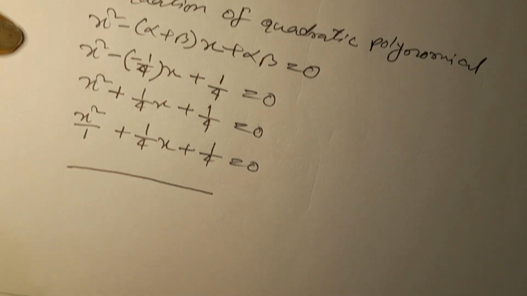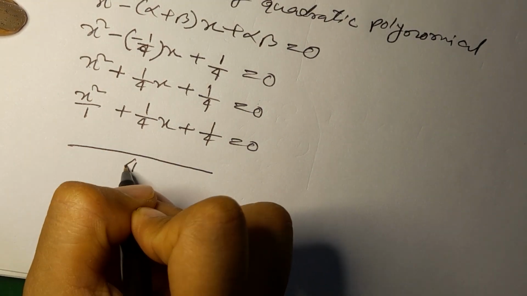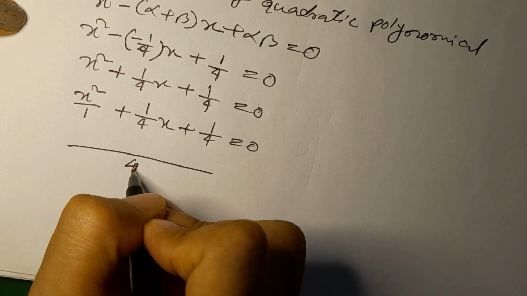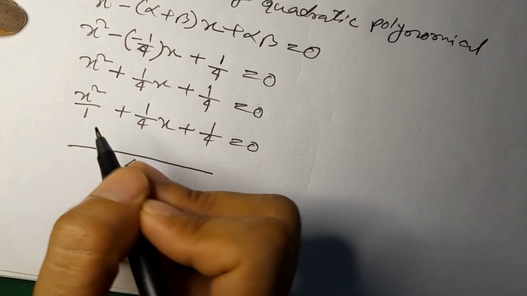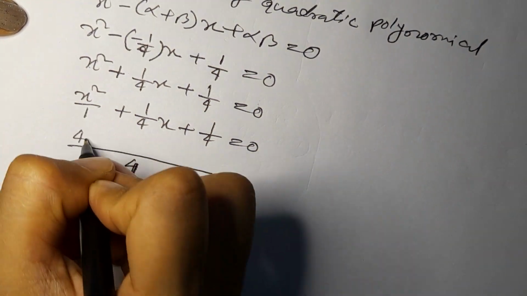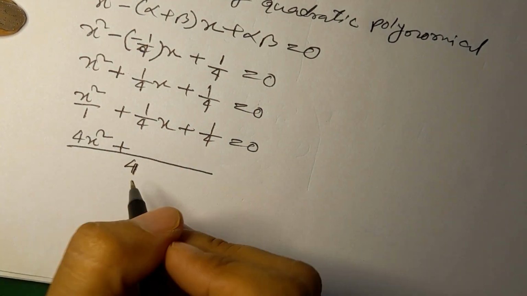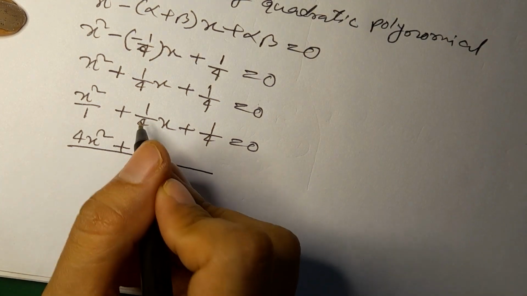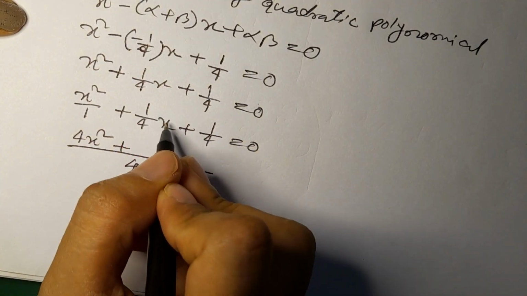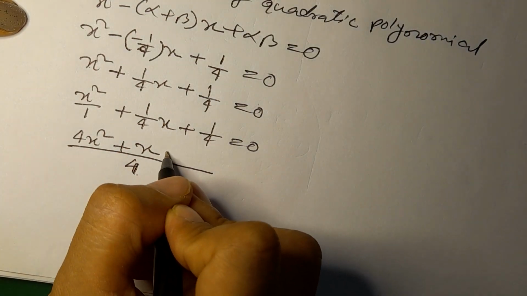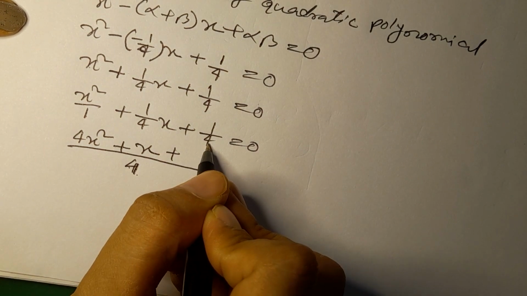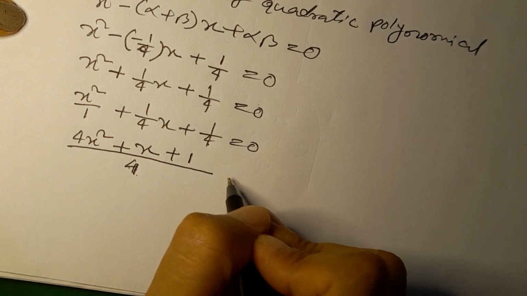What is the LCM? The LCM will be 4. Now 4 divided by 1 is 4, so 4 into x square is 4x square, plus 4 divided by 4 is 1, 1 into 1 is 1, and 1 into x is x, plus 4 divided by 4 is 1, 1 into 1 is 1.